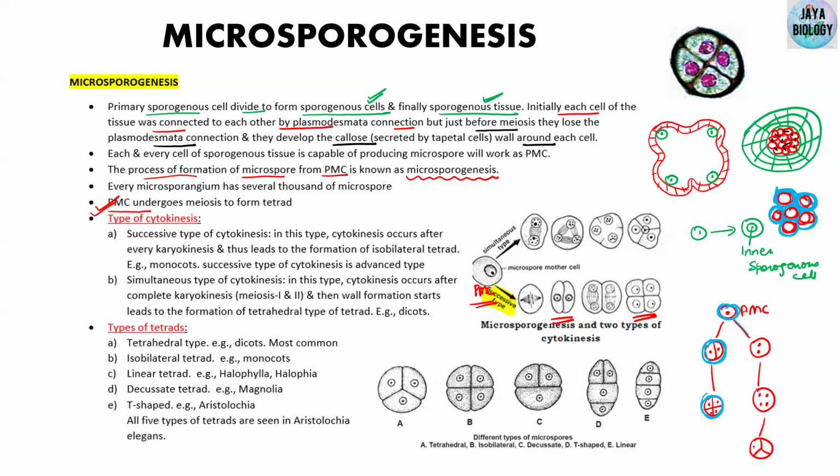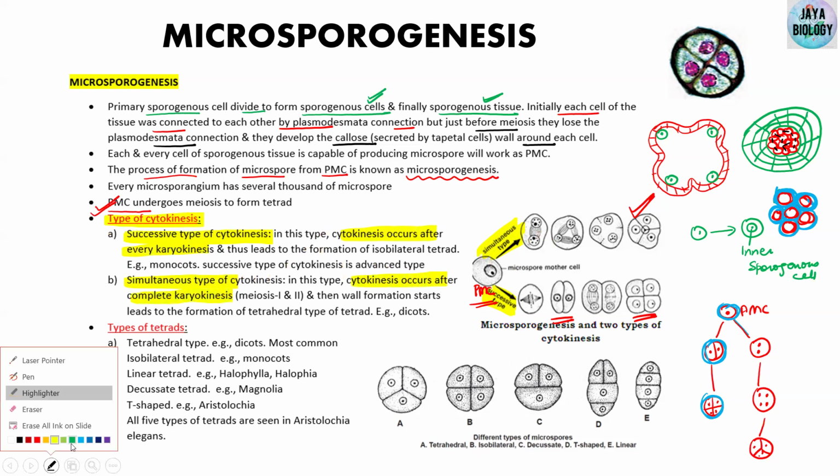This type of cytokinesis, in which cytokinesis is laid down after all karyokinesis is done, is known as simultaneous type of cytokinesis. The two types of cytokinesis are: successive type, in which cytokinesis occurs after every karyokinesis, and simultaneous type, in which cytokinesis occurs after complete karyokinesis.